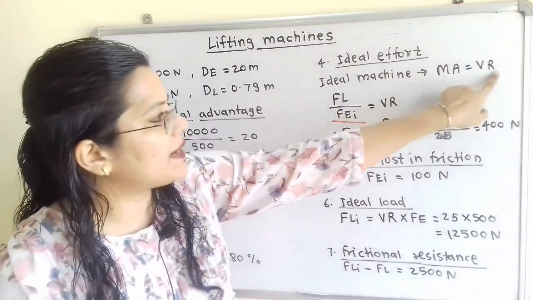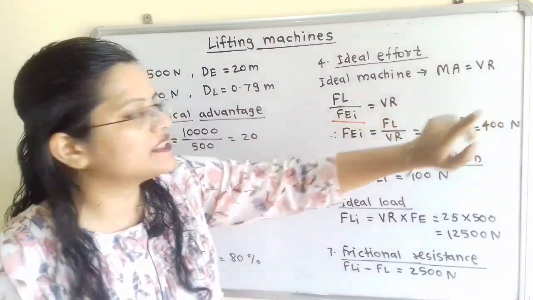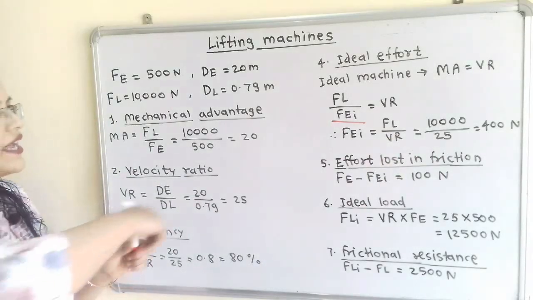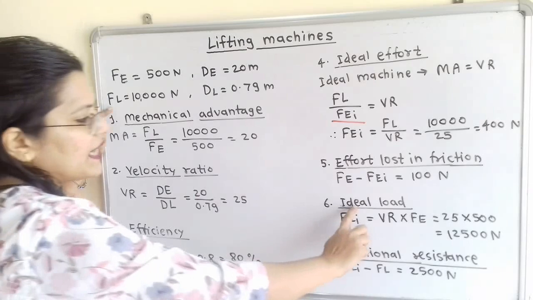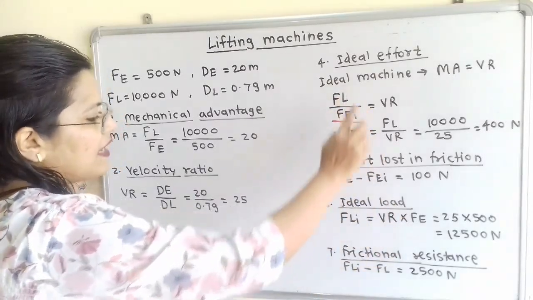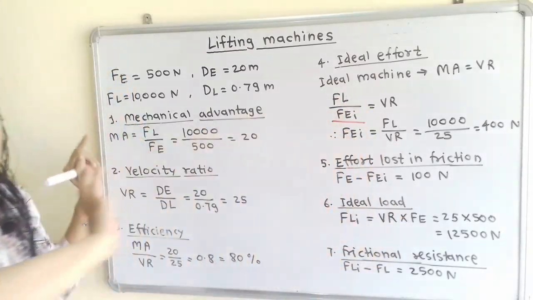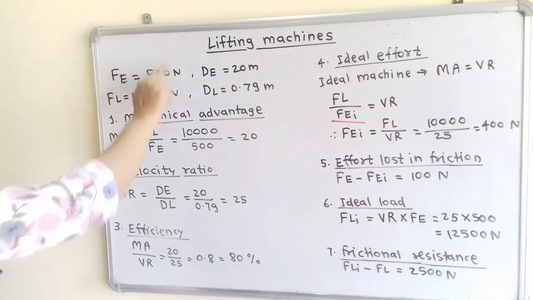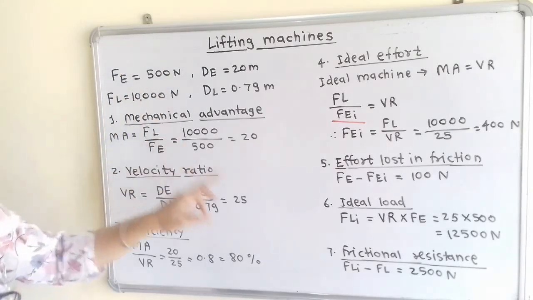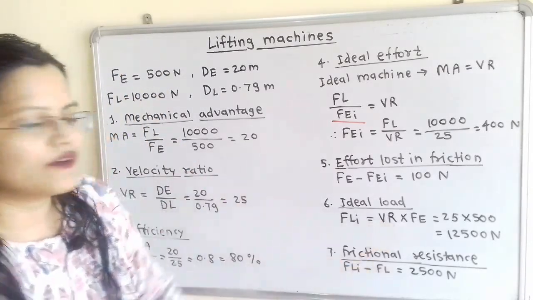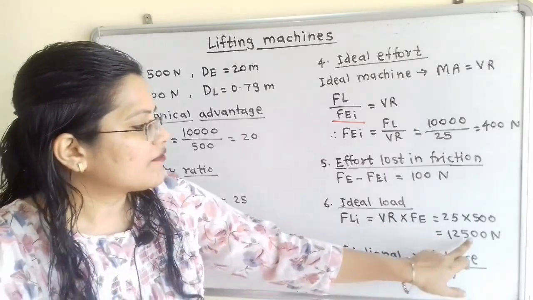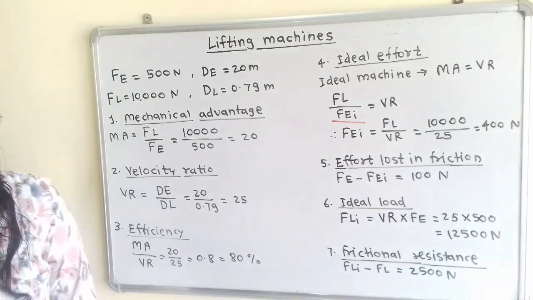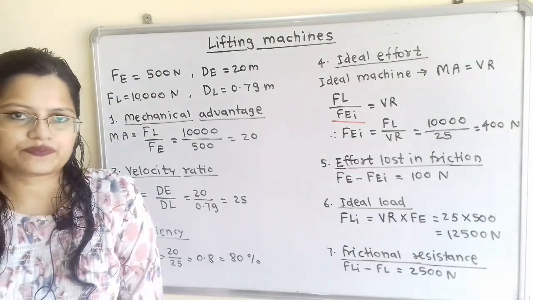Again we apply the rule, MA is equal to VR. So MA, we use FLI because we have to find out ideal load. FLI divided by Fe, with Fe from the given data. So FLI by Fe is equal to VR. FLI is equal to VR into Fe, that is 12,500 Newton. So this is the ideal load.